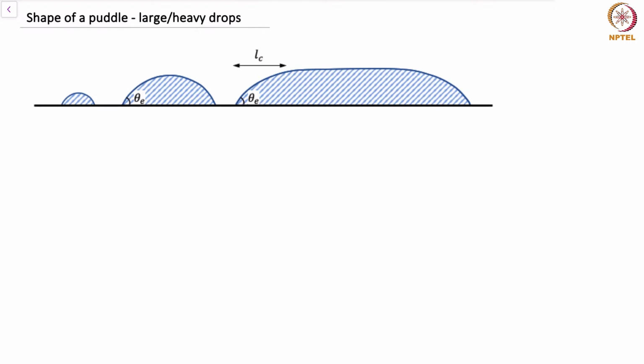If you may recall, we had defined the capillary length L_c, which is defined as the square root of gamma by delta rho g, or this is approximately gamma by rho g, typically because the density of the gas is so small compared to the density of a liquid. So in this case, the radius of the droplet is much smaller than the capillary length, and in the other limit, radius is much larger than the capillary length.